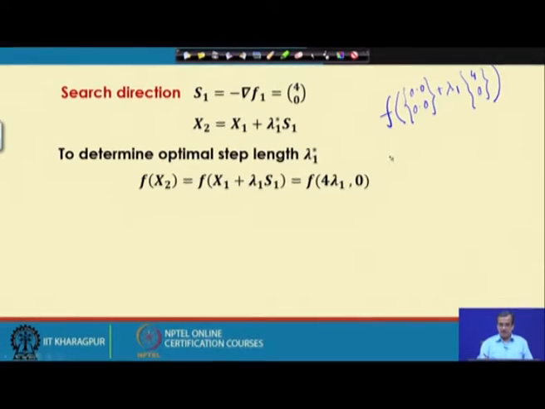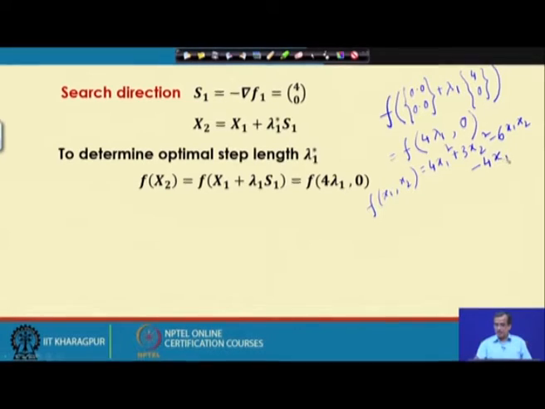Now, this can be written as f of 0 plus 4 lambda 1, that is 4 lambda 1, comma 0 plus 0, so this will become 0. Now, we substitute this in the expression of the objective function, which is f of x 1 x 2 equals 4 x 1 square plus 3 x 2 square minus 6 x 1 x 2 minus 4 x 1.